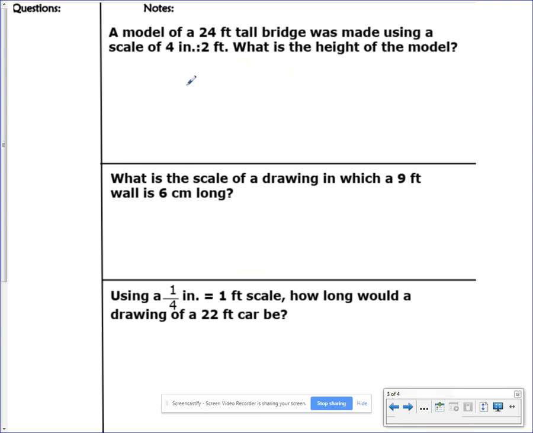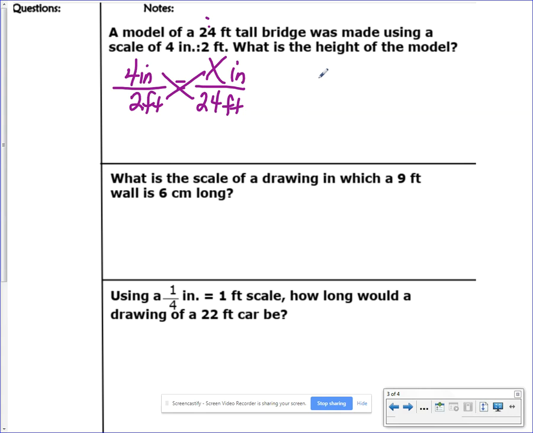A model of a 24-foot tall bridge was made using a scale of 4 inches to 2 feet. Inches to feet. 24 is the actual height of the feet, or 24 feet tall. You find the model height in inches.